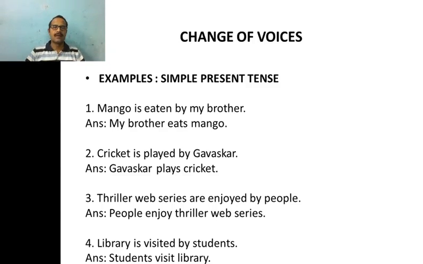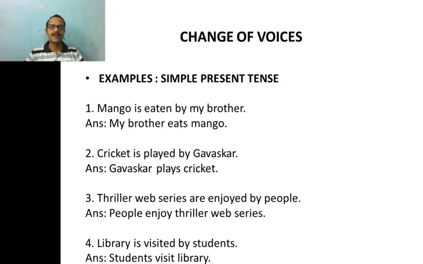When you change it, the object of the passive voice, my brother, will come to the subject position in active voice, my brother. And is, which is a form of be, should be removed. And eaten, which is the main verb in past participle form, should become eats.